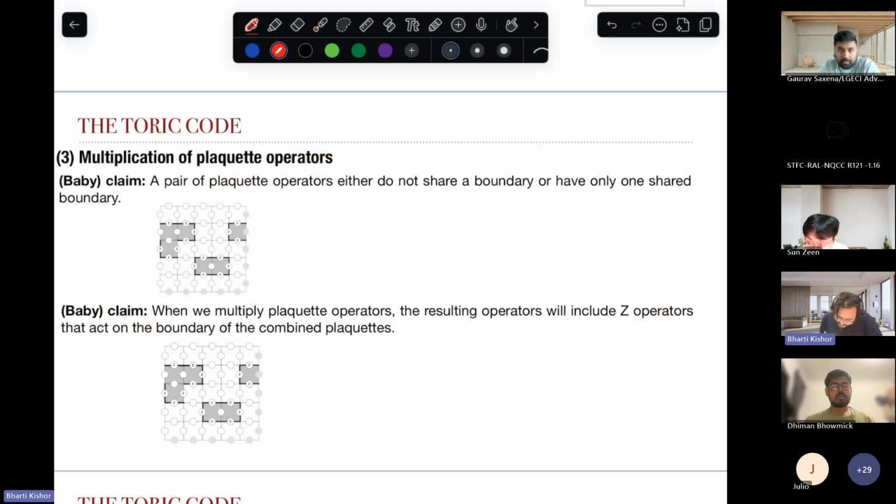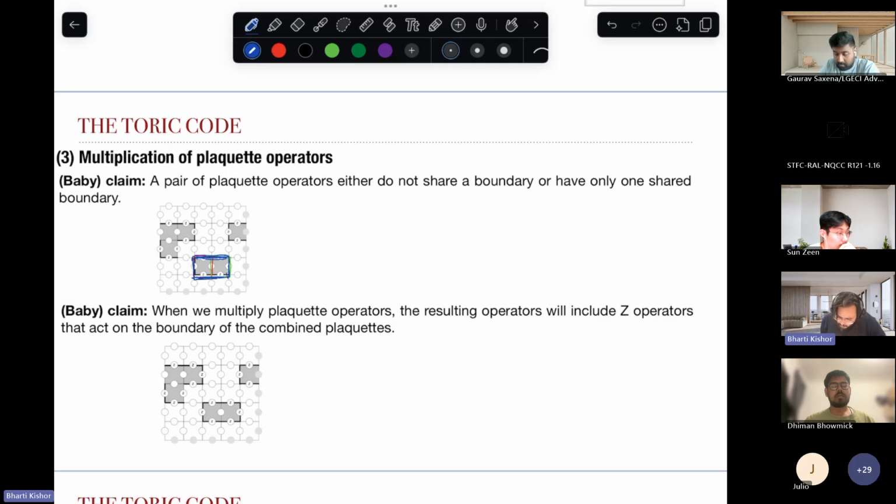So let's say I have one plaquette here, and I take another plaquette here. When I multiply the two, on this common Z, I multiply Z with itself two times, and that becomes identity. So the multiplication of this plaquette generator with this plaquette generator will give me something like this, right?